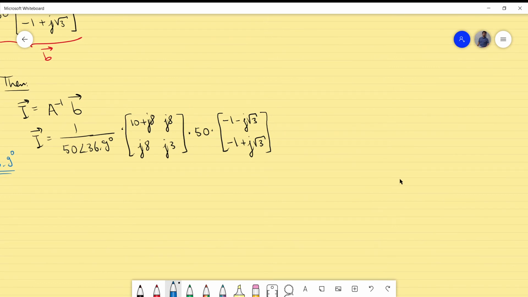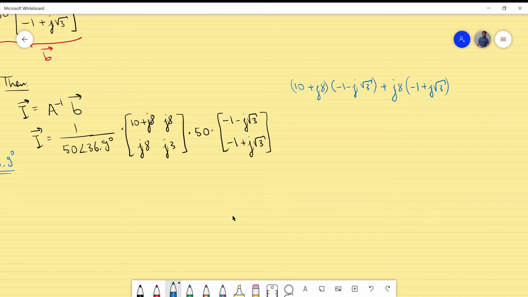So what I want to do is the following: 10 plus j8. That's just matrix multiplication, the rules for matrices and vectors. So I will multiply this term with that term plus this term with that term. So I will have 10 plus j8 times minus 1 minus j square root of 3, and then plus j8 times minus 1 plus j square root of 3.